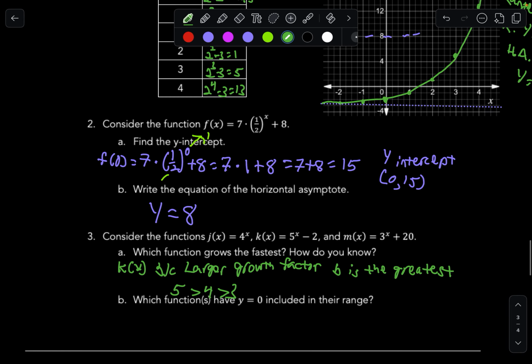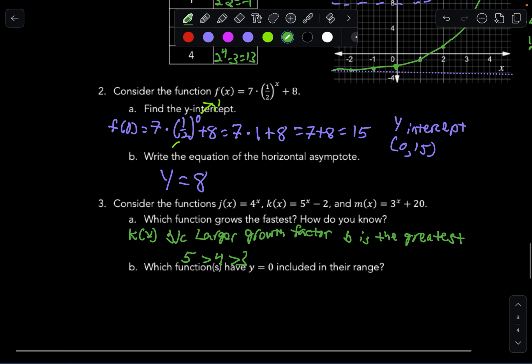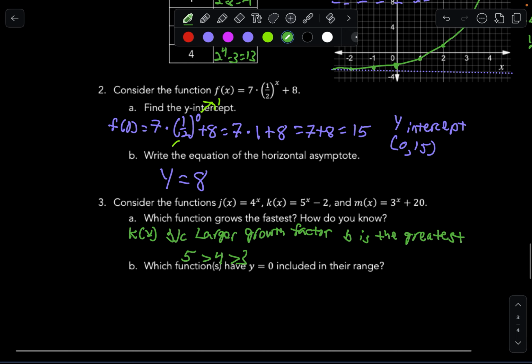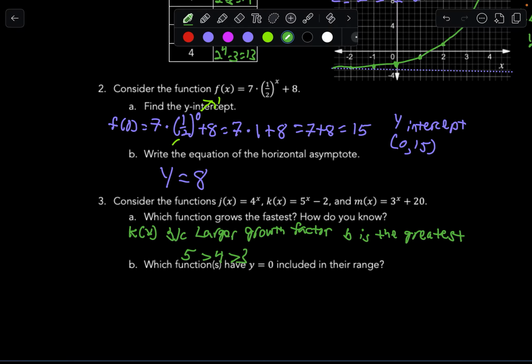Which functions have y equals 0 included in their range? There's only one of these. Remember, the horizontal asymptote for j of x is simply y equals 0. That's the x-axis.